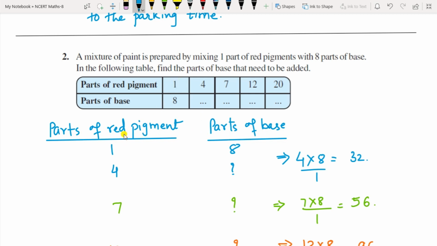The first one is red pigment 1 and the parts of base for that is 8. For the second one, if the parts of the red pigment is 4 here, then what will be the parts of the base? Cross multiply: 4 into 8 divided by 1. You get 32 parts of base. For the next one, 7 into 8 divided by 1 becomes 56.